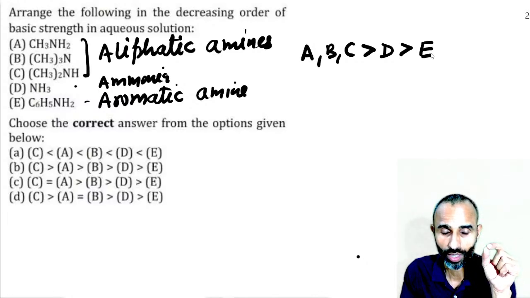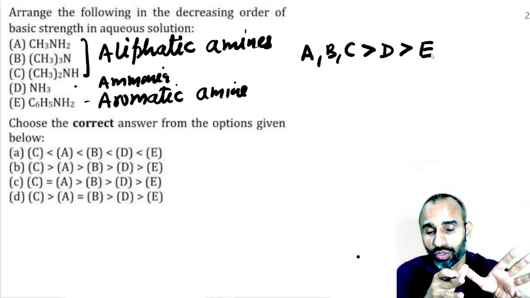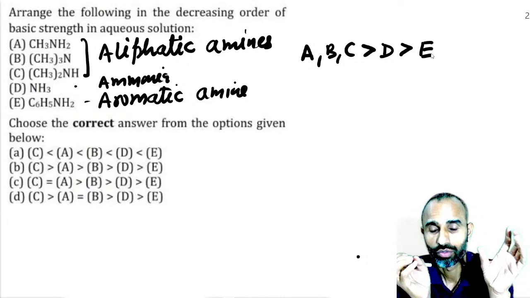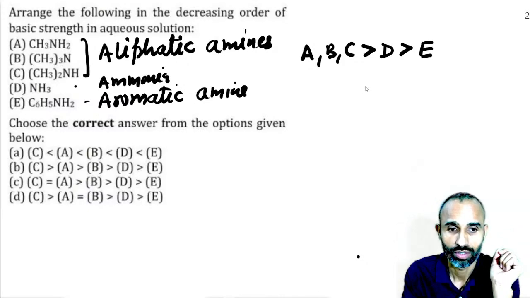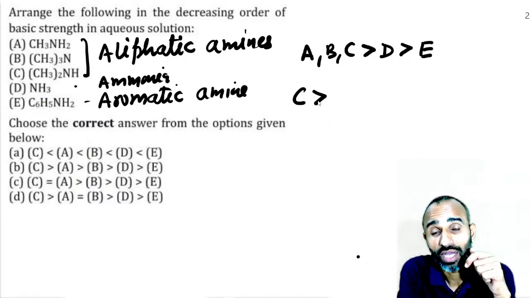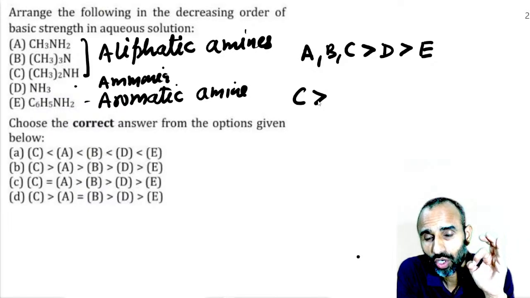So I just told you that secondary amine is always more basic. So secondary amine is C, so C should be more basic, and as these are methylamines, which factor is dominating?